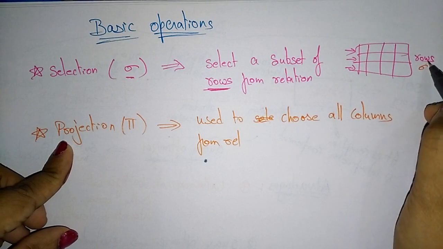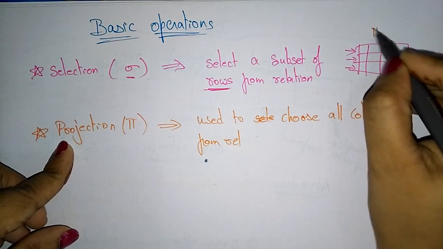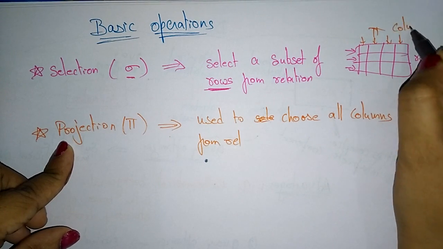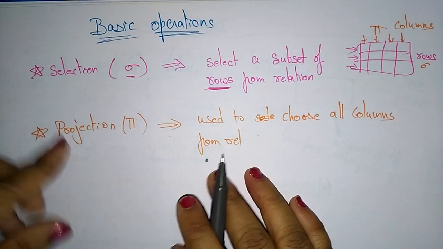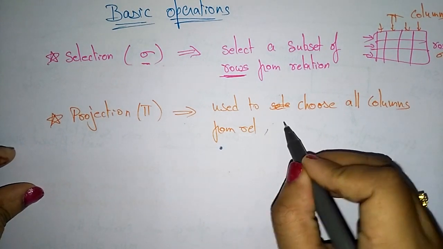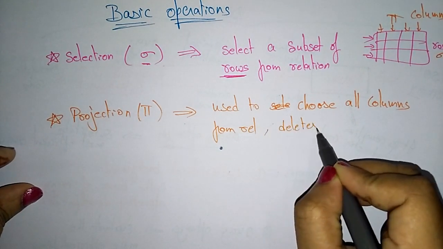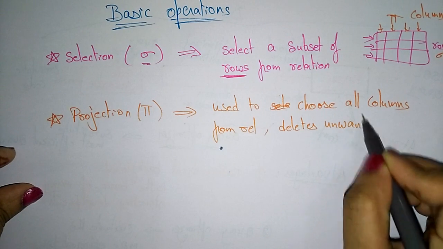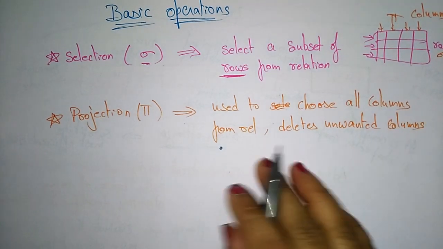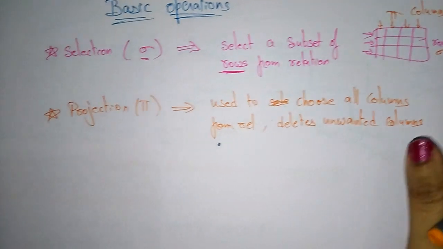Sigma is for rows, whereas pi is used for columns. It chooses all the columns from the relation based on the condition, and it also deletes the unwanted columns from the relation.